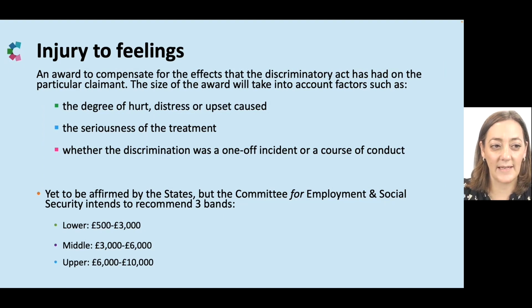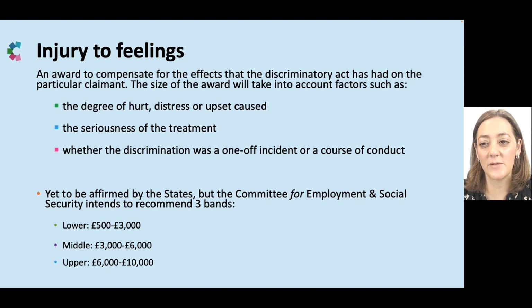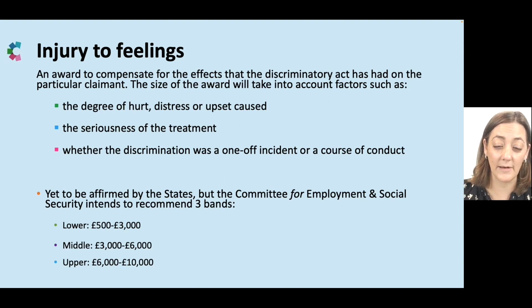So injury to feelings, this is an award to compensate for the effects that the discriminatory act has had on the particular claimant, and the size of the award will take into account factors such as the degree of hurt, distress or upset caused, the seriousness of the treatment, and whether the discrimination was a one-off incident or a course of conduct. However, it's important to note that if there is a very serious one-off incident, that could result in the highest band or level of award being given by the tribunal.